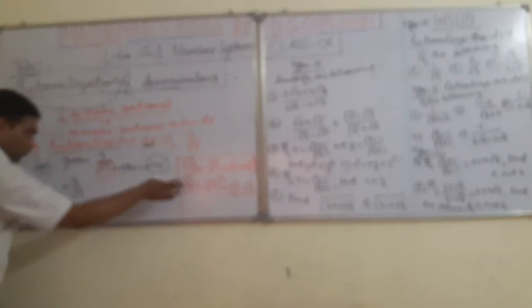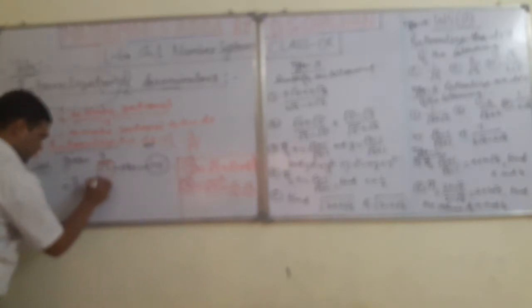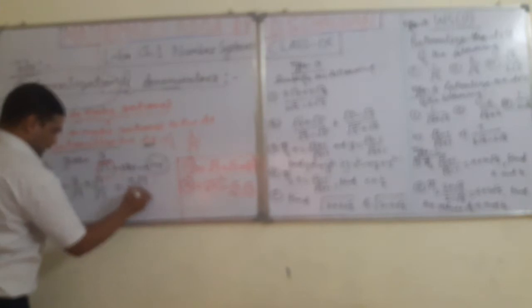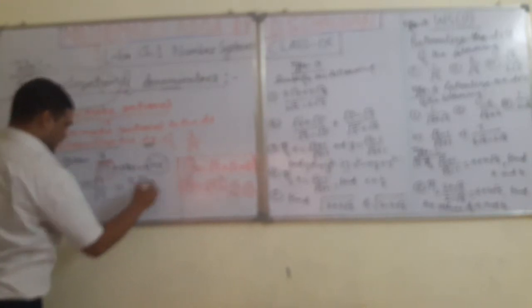So how can we do it here? Solution, look at it. If we multiply the numerator and denominator both by under root 7, we get 3 under root 7 upon under root 7 into under root 7. What will it be? It will be 7.